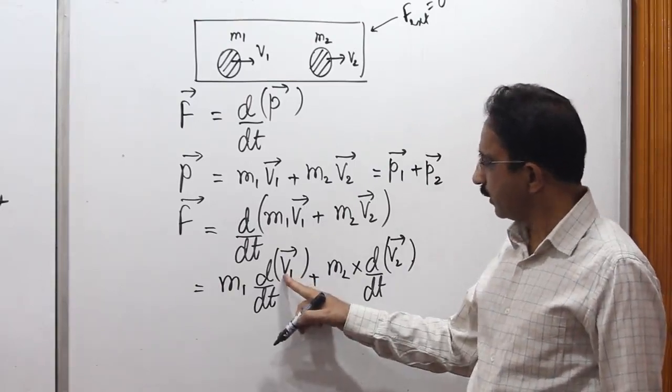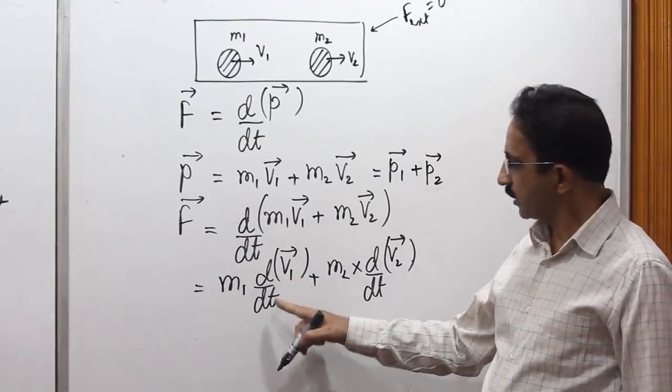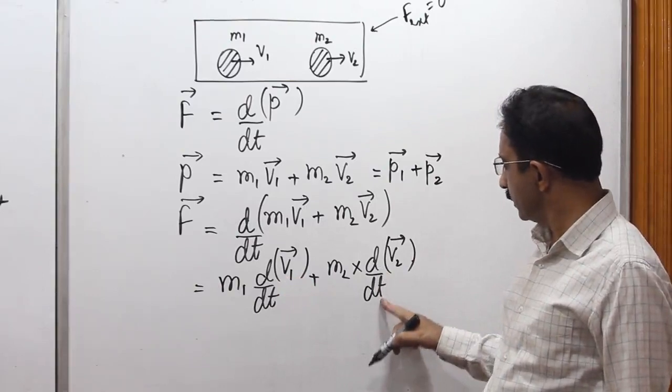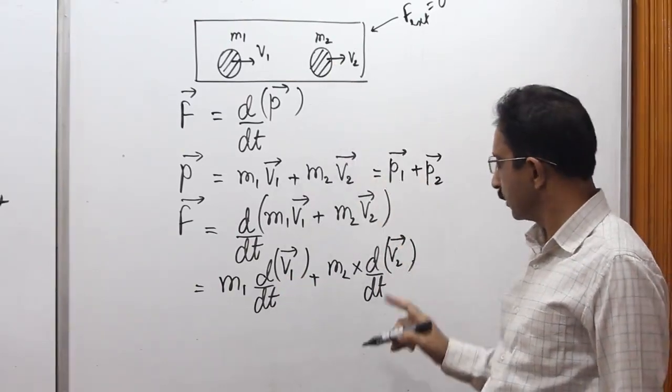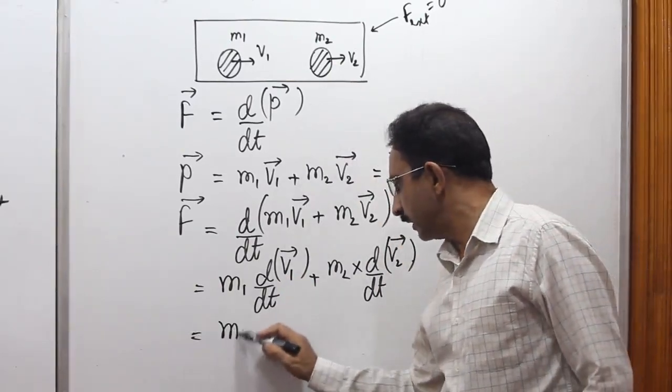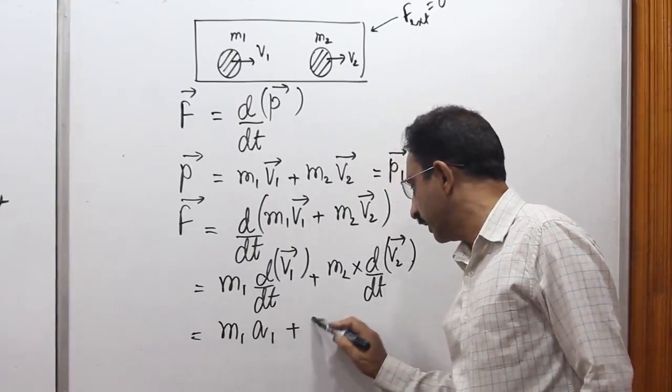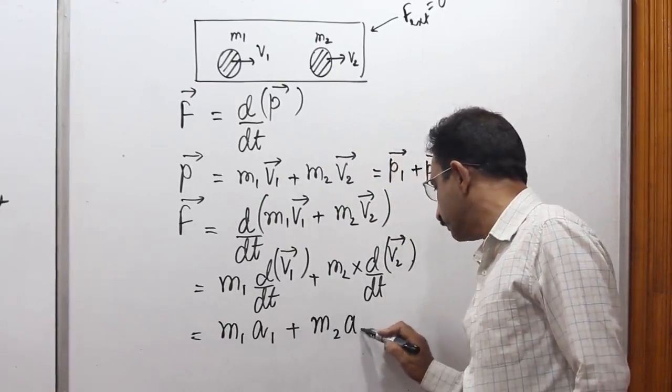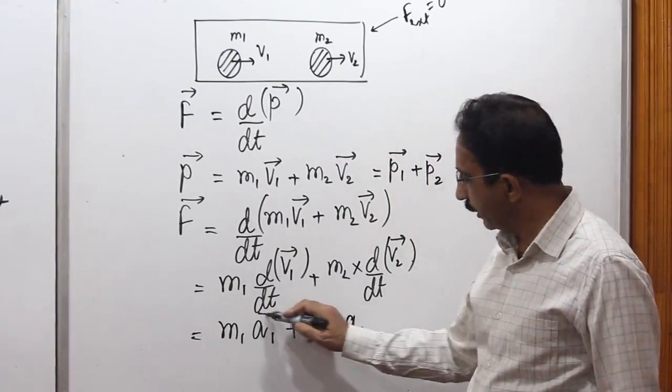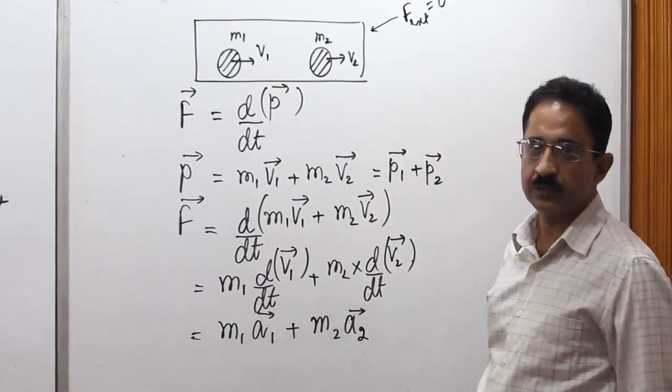Now this is change of velocity of first body with respect to time. This is change of velocity of second body with respect to time. So I can say this is m1 a1 plus m2 a2. और a1 और a2 जो है, they are vectors.